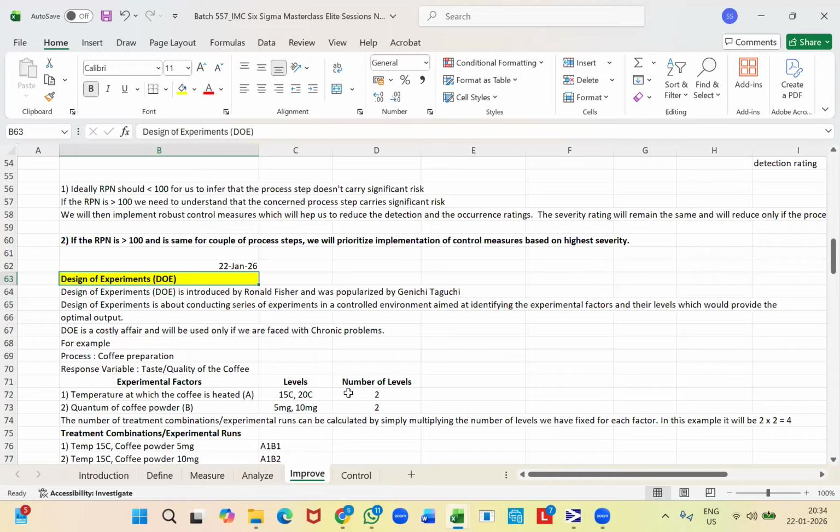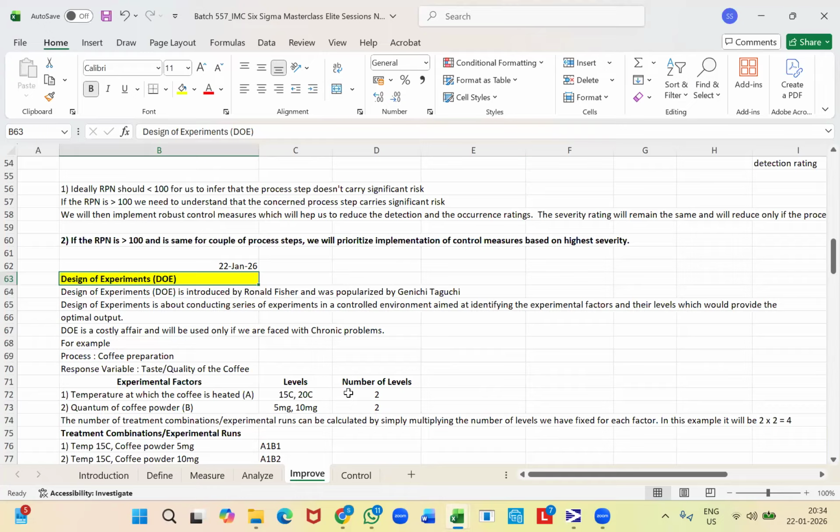In order to conduct the experiment, first and foremost I need to identify the experimental factors which I feel will have a huge influence on the taste of coffee, because taste or quality of coffee is the output that I have recognized. So I have picked up a couple of experimental factors.